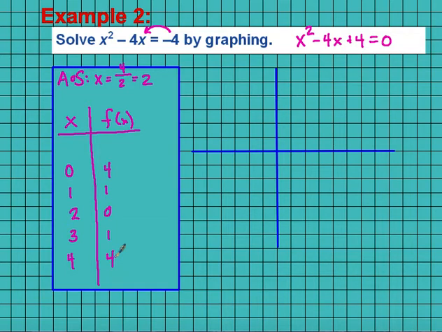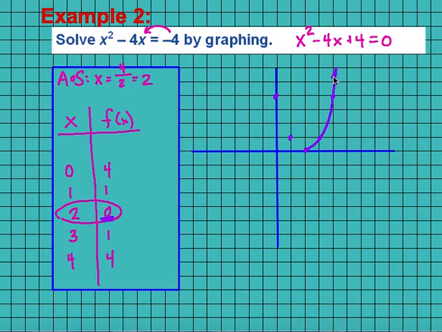Okay, when you return, you can see that my vertex here gives me the 0 of the function. So when I go to graph this, I have (0, 4), (1, 1), (2, 0), (3, 1), and (4, 4).